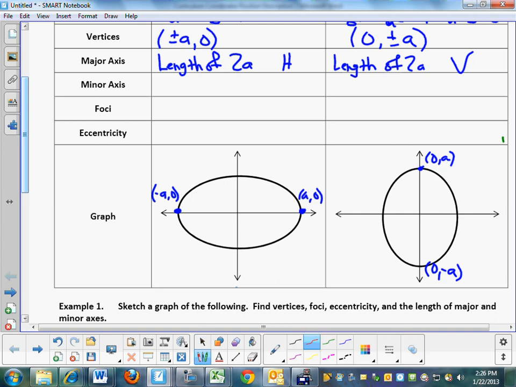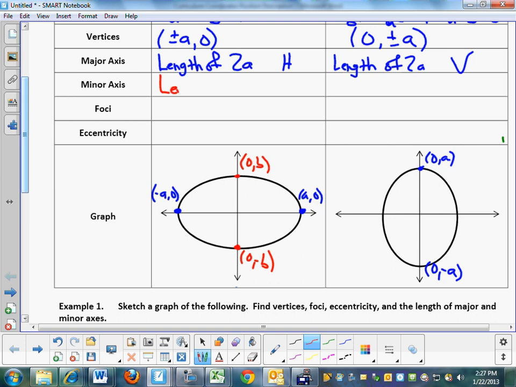What do you think the minor axis is? Yeah, that's the shortest distance between the 2 points across from each other. So that would be this one and this one. Instead of having A used as coordinates, anybody want to guess what we have? B. You're so smart. So we have 0 and B, and we have 0 and negative B. Beautiful.